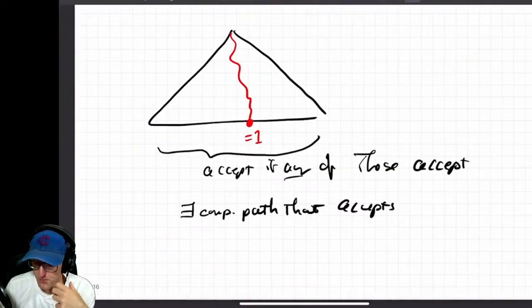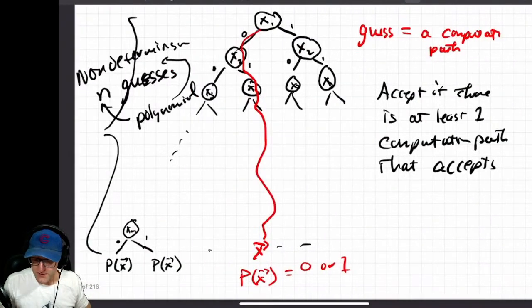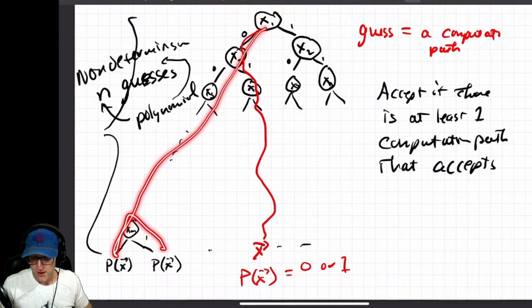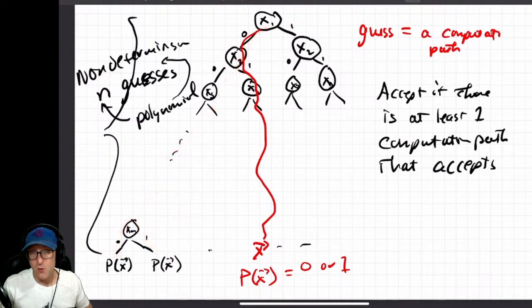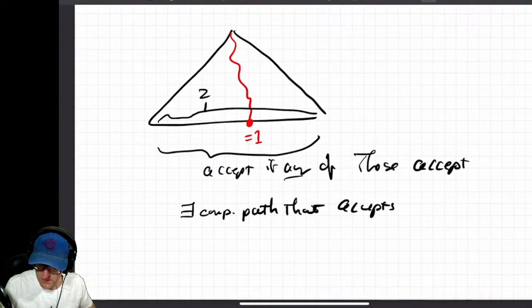And so what we're doing is we're basically cheating and hiding the real work. If you were to actually do this deterministically, brute force, you would have to backtrack, or generate every single one of these exponentially many computational paths. How many are there? Well, there are going to be 2 to the n possible paths.